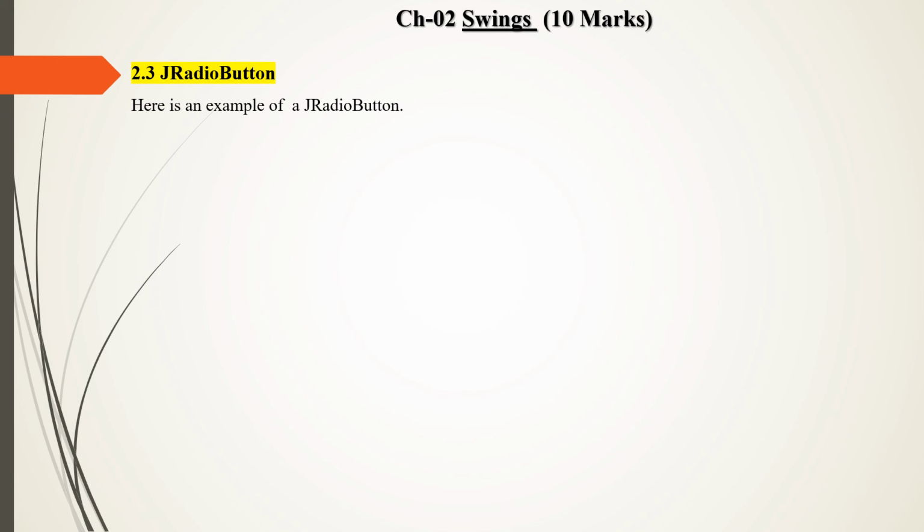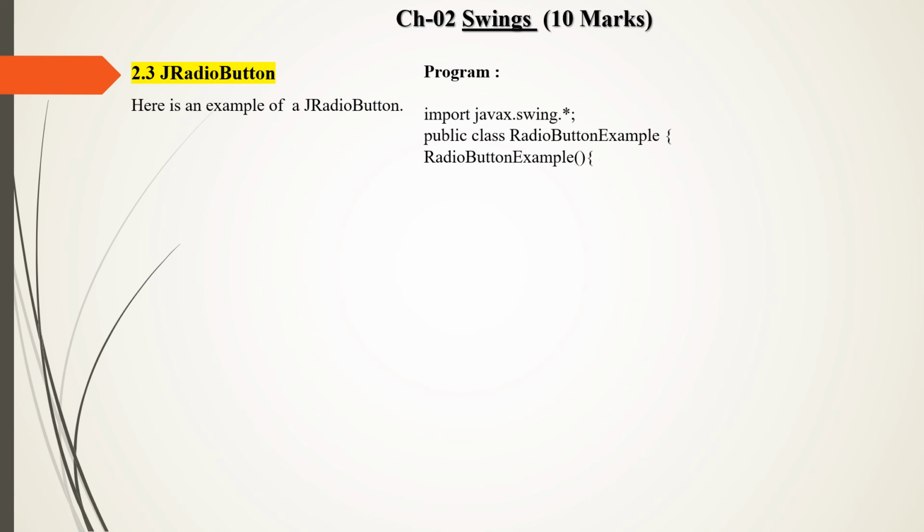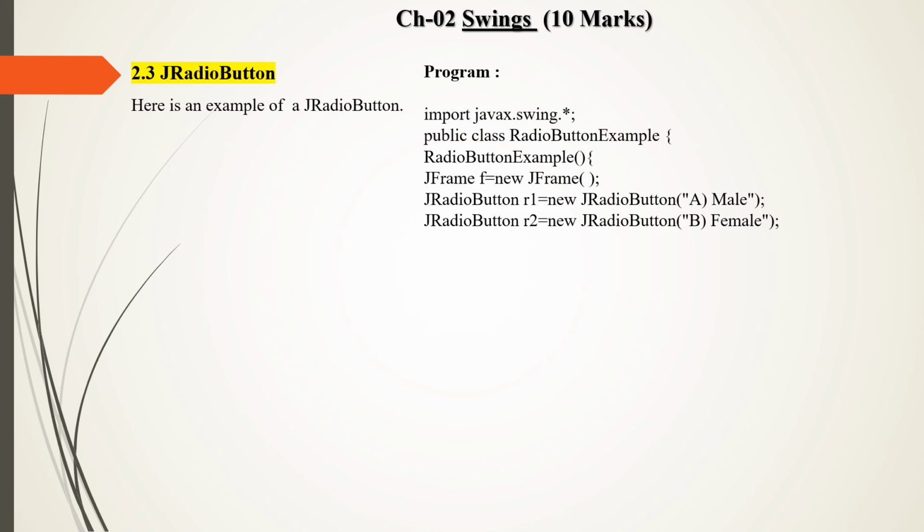Then an example program of JRadioButton. First we import the Swing package, then we define one class, RadioButtonExample, then we define the constructor of that class. Next we create one frame with no title, then we create a JRadioButton. R1 is the object of JRadioButton with the title male. Second, we create another radio button R2 with the second option, female.